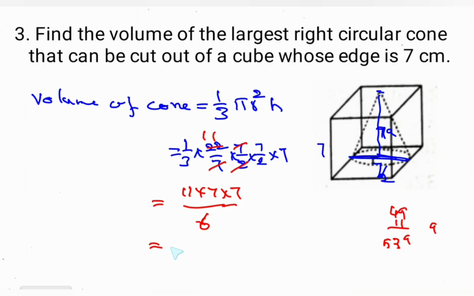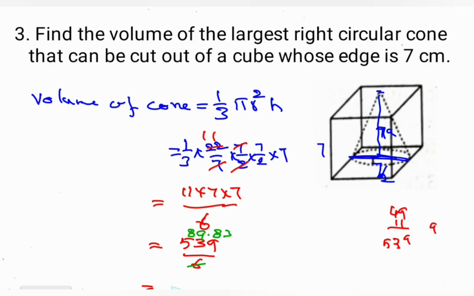This is equal to 539 by 6. 6 8s are 48, and 6 9s are 54, and the remaining 5 is there. 6 8s are 48, and 6 3s are 18.